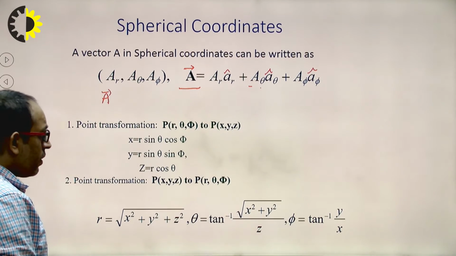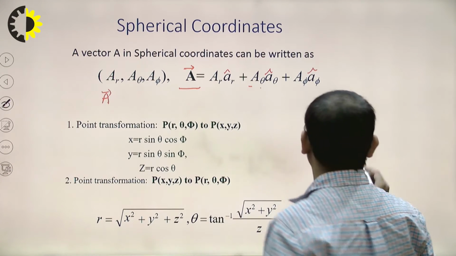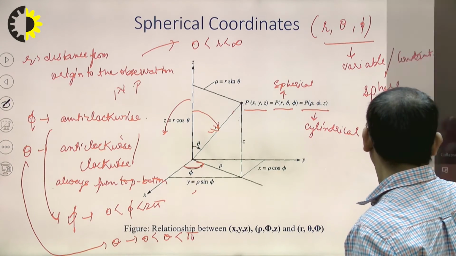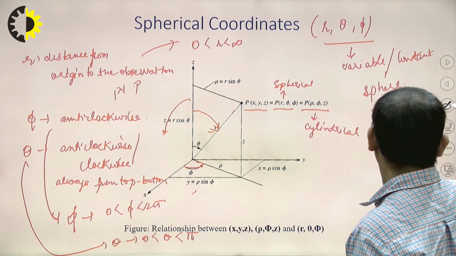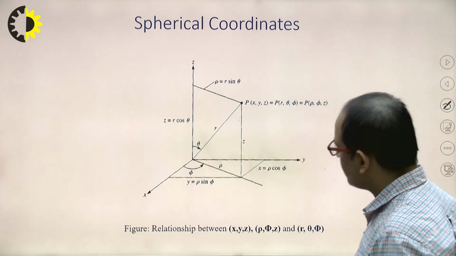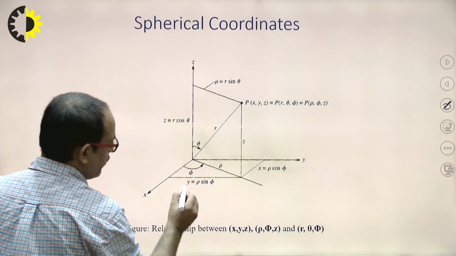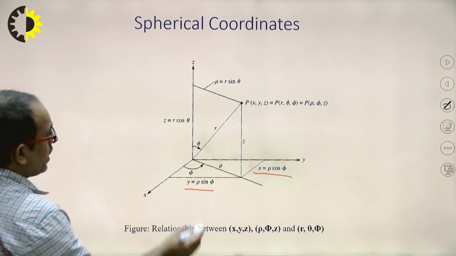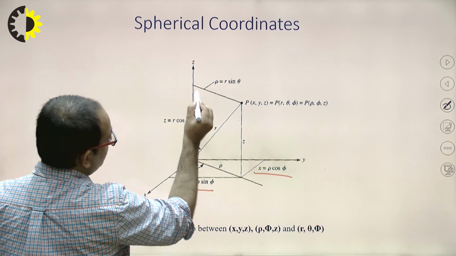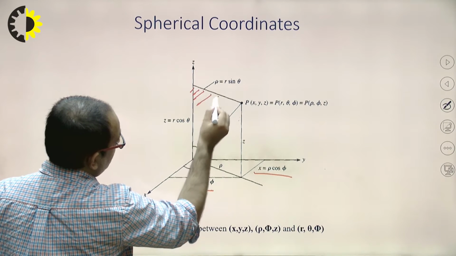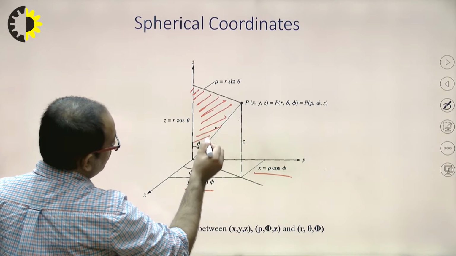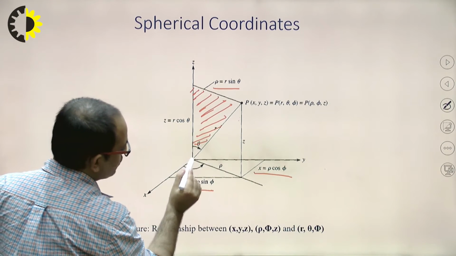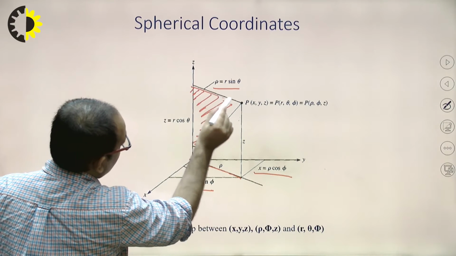Now the point transformation. From this figure you will see that y equals rho sin phi, x equals rho cos phi, and from this triangle you will observe that rho equals r sin theta, because this is rho and this one is also rho.